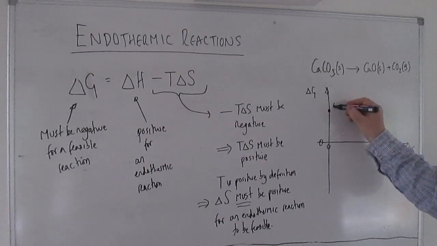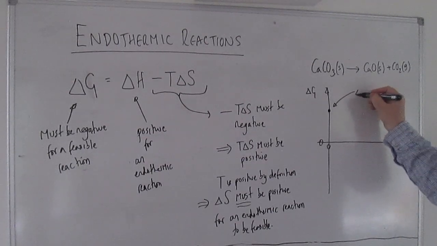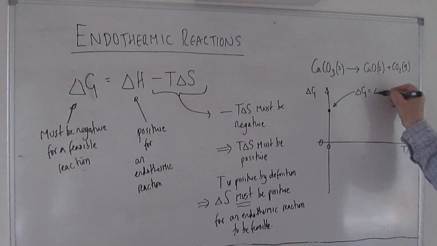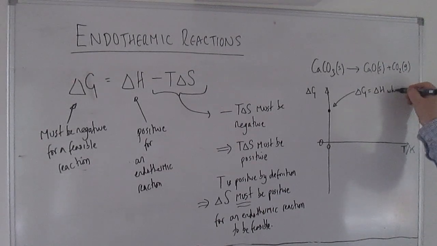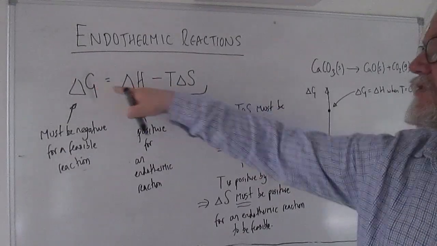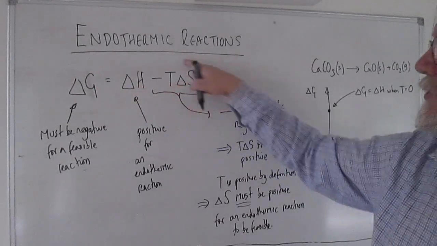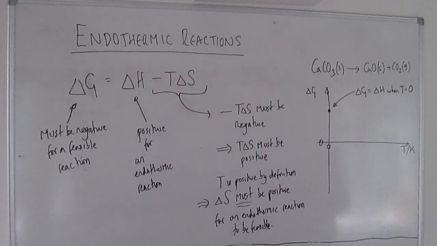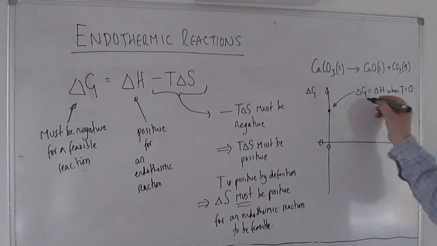So we can put that point on there and say delta G equals delta H when T equals 0. You should be able to see why that's true just by looking at this, because if T is 0, that whole term vanishes.